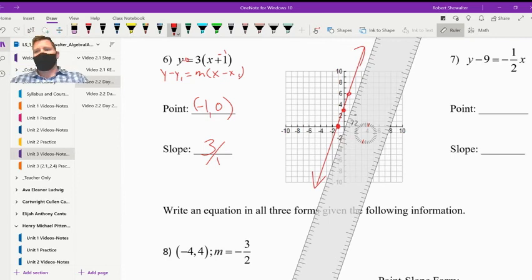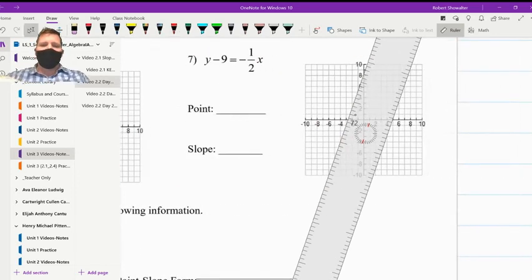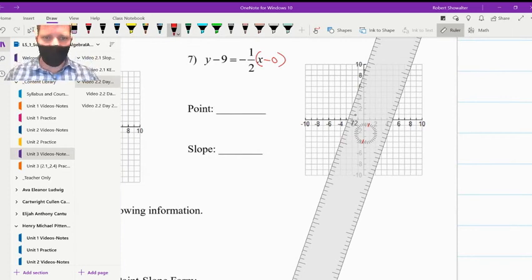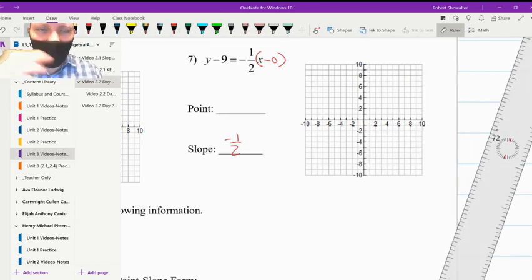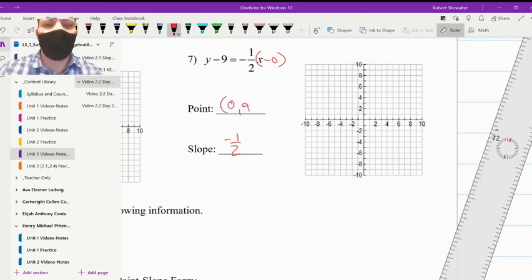All right, let's go to the next one. One more. Now we can drop in a parenthesis there, -0, to help us read it if you would like. Okay, slope -1/2. I like to put the negatives on the numerator because I always go up and down or to the right. I don't go to the left unless I run out of space on the graph. So 0, 9 would be the point.